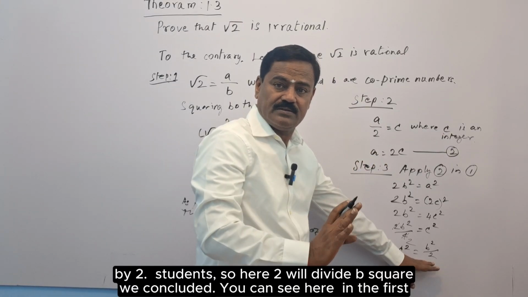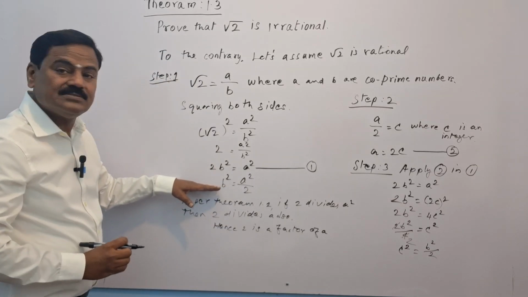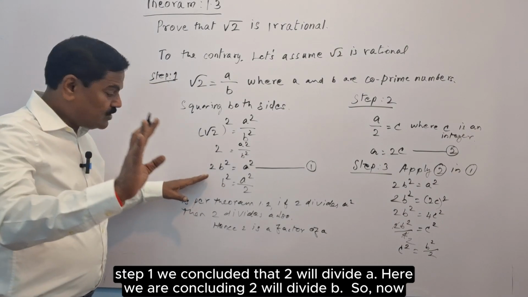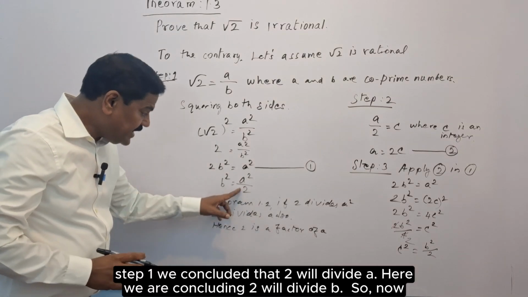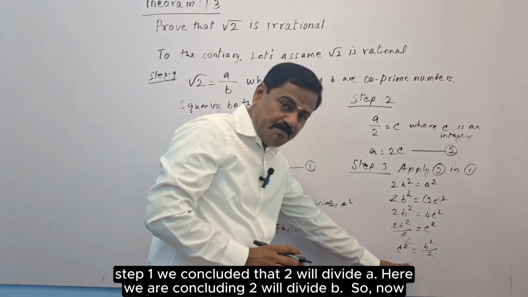We concluded, you can see here in step 1, we concluded that 2 will divide a. Here we are concluding 2 will divide b.